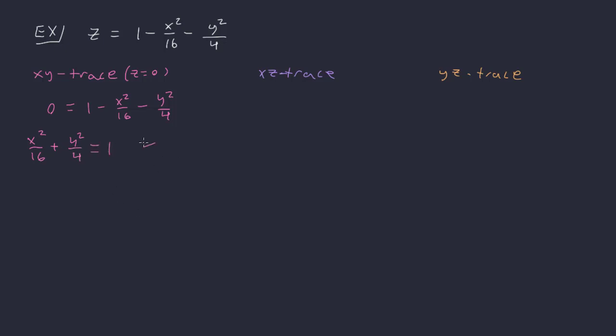And here we have another ellipse. Okay, and I will graph that kind of quickly. Right, we'll have 4 in the x direction and 2 in the y direction.